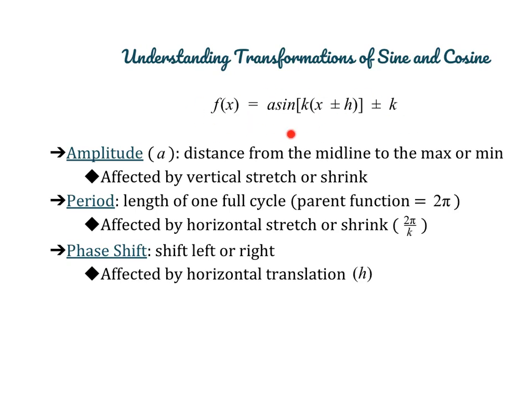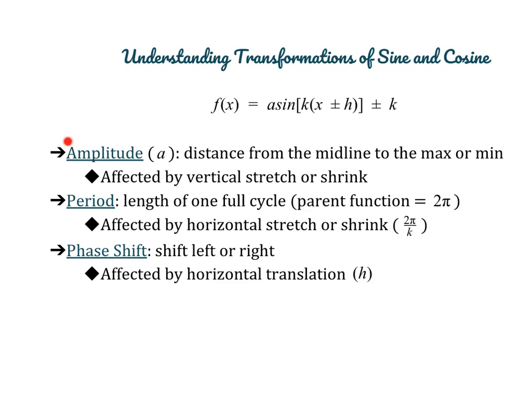You can see here's a sine graph, and here we have a vertical stretch or shrink, a horizontal stretch or shrink, a horizontal shift to the left or right, and then a vertical shift up or down. Also remember for this k value, the horizontal stretch or shrink is always by a factor of the reciprocal, so 1 over k. And for this shift, it's always going to move in the opposite direction that you think.